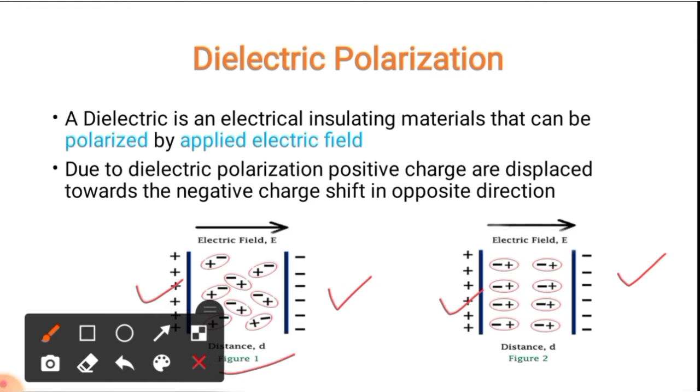It means that inside a dielectric material, some of the charges move towards the positive plates; these are the negative charge and these are the positive charge. It is nothing but the electrical effect. Therefore, a dielectric material does not pass electrical current, but it will show an electrical effect when it is placed in a strong electrical field.